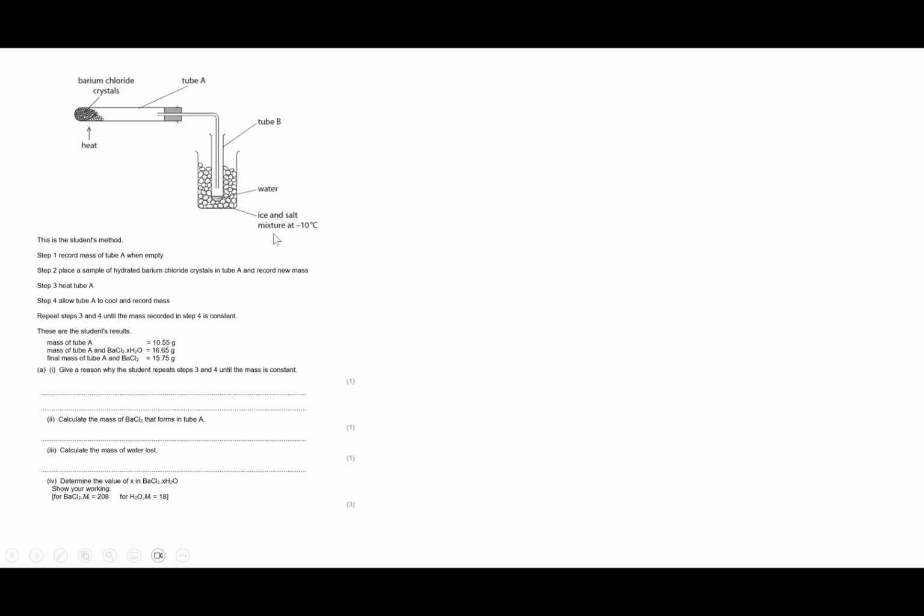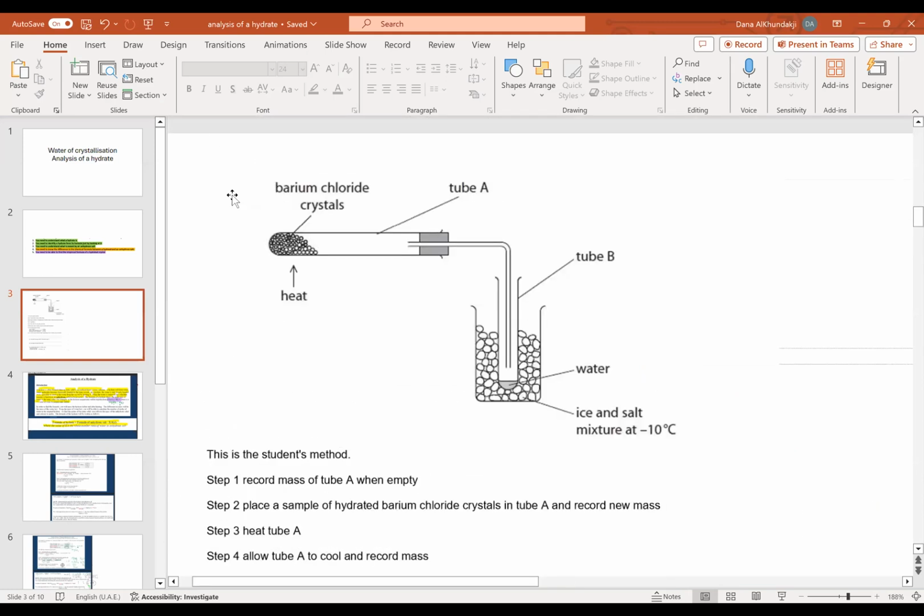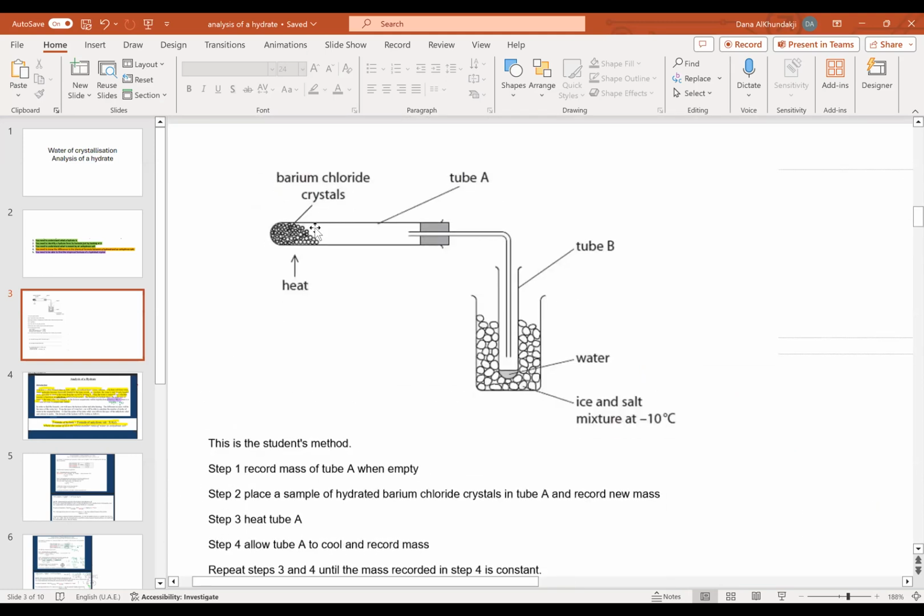So, for example, this is a past paper question that you could be looking at. Here we have an apparatus where there are barium chloride crystals. Crystals means it is hydrated, and so they're applying heat, and here we have water condensing, meaning that we are dehydrating it.